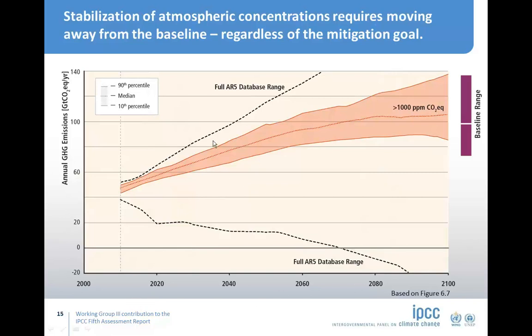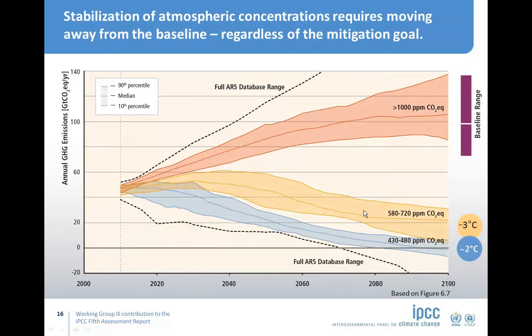So the baseline is the dotted black line, and the red line is the sort of median. If we continue as we are, we'll be increasing our greenhouse gas emissions.